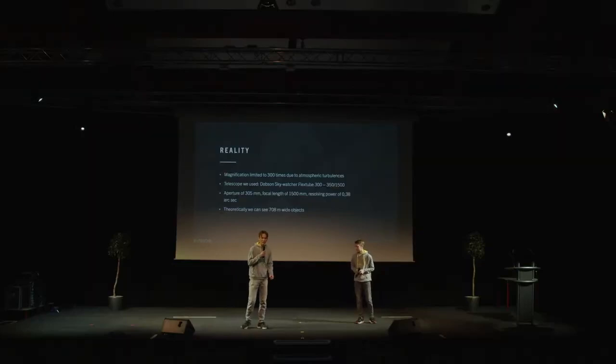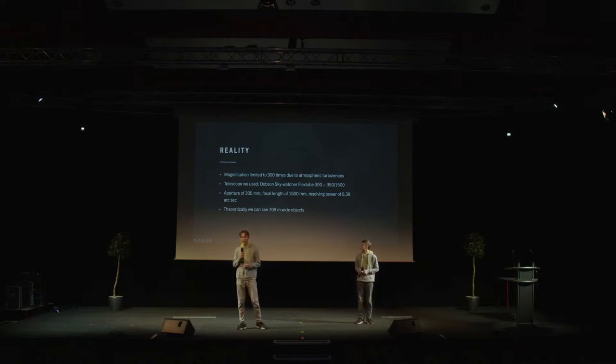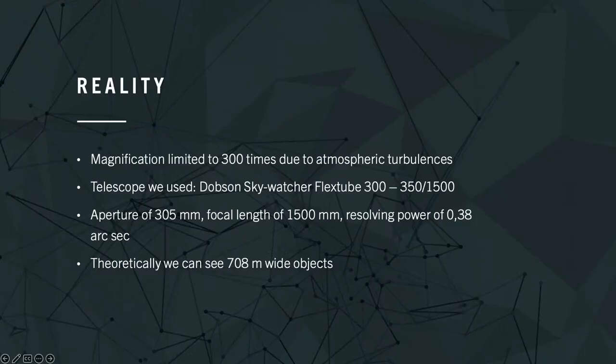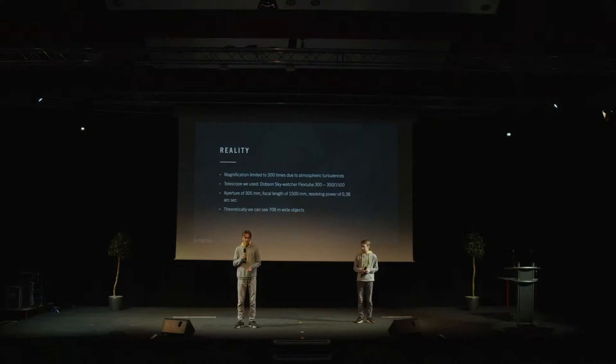We use a telescope, Dobson Skywatcher Flex Tube 305/1500, which has an aperture of 305 millimeters, a focal length of 1,500 millimeters, and a resolving power of 3/800 of an arc second. So with this telescope, we can theoretically see an object that is 708 meters wide on the surface of the moon, but this is only in ideal situations.